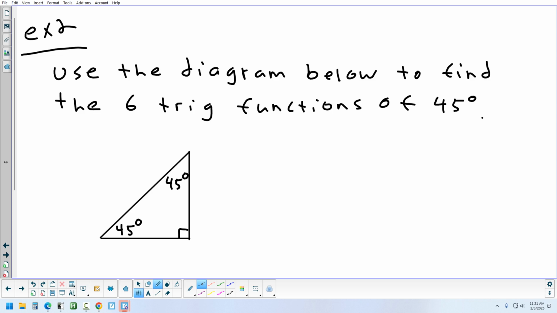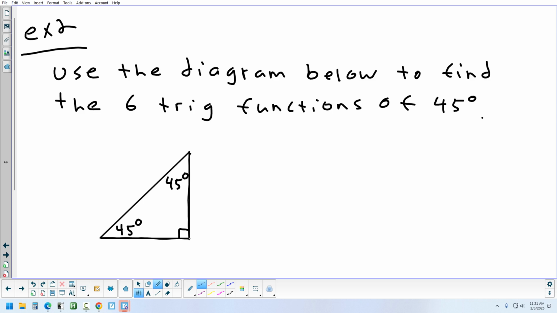What do we know about the base and the height in a 45, 45, 90? They are the same. So you can pick any number you want, as long as you use the same number for the base and the height. And once you pick that, you can use Pythagorean theorem to get the third side. So pick any number you want. How long do you want the base to be?